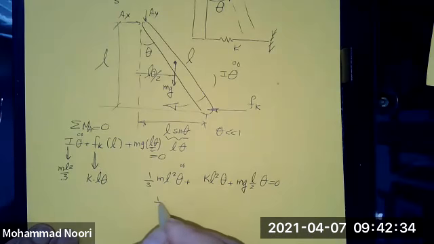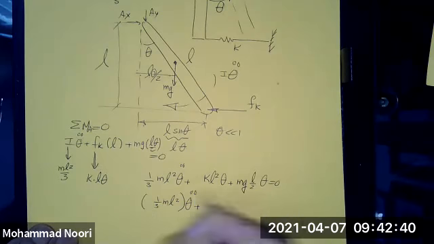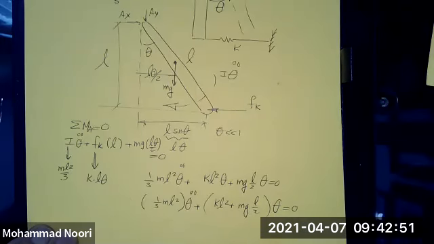I get 1/3 mL squared theta double dot plus kL squared plus mgL over 2 times theta is equal to 0.